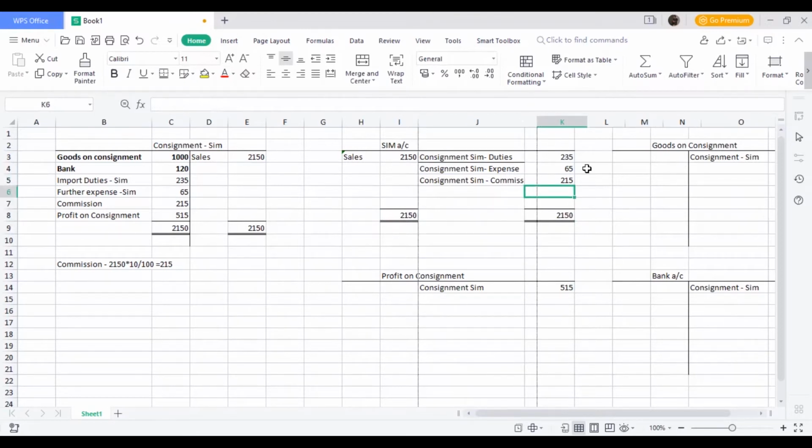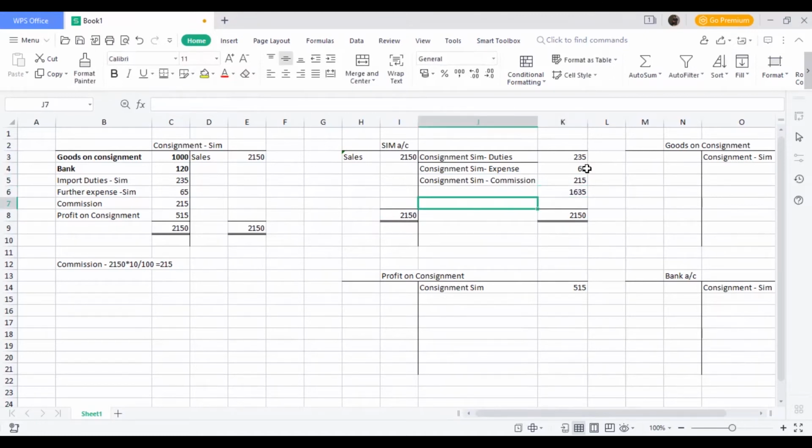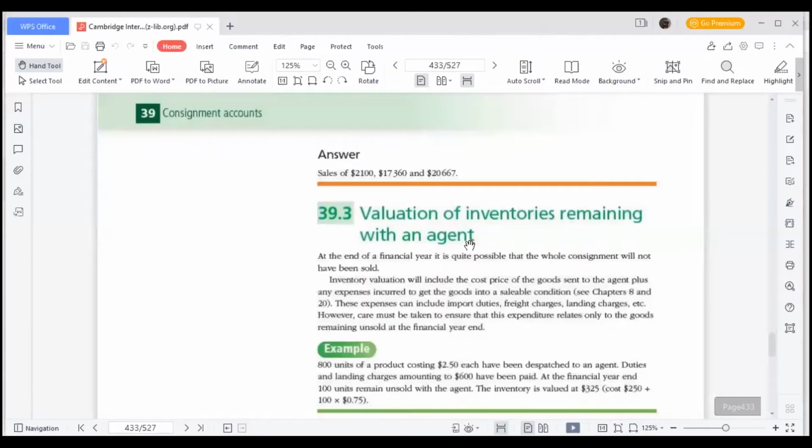So now I have 2,150 minus 235 minus 65 minus 215. I get 1,635. This is the amount he should transfer to my bank. So I'll write bank here. Here I'll write 1,635. Here I'll write SIM.